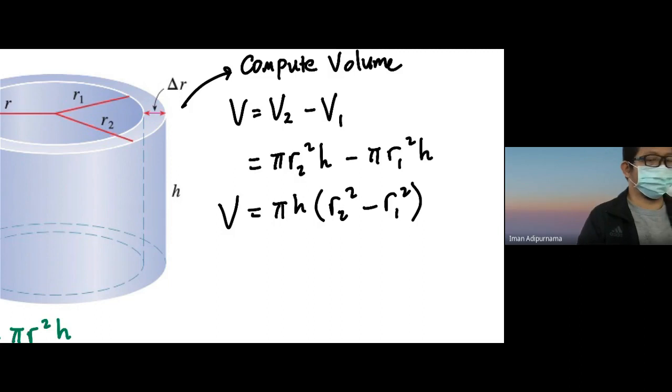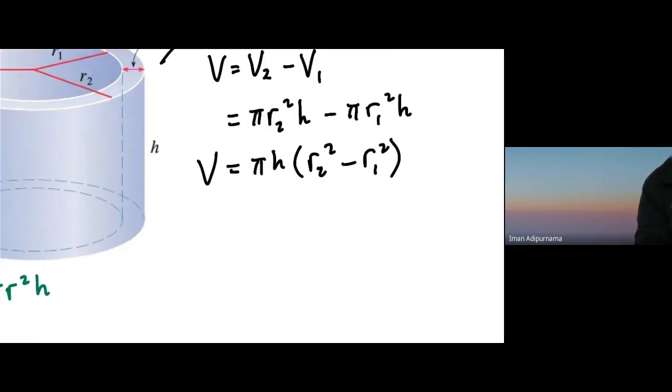So this is our volume. Now, these two radii here, what we would like to do now is simplify these terms. First, imagine this becomes a squared minus b squared, which is, we can have a plus b and a minus b like that.